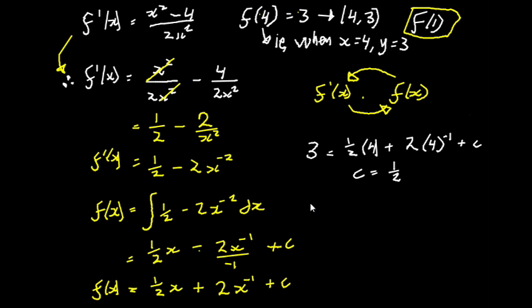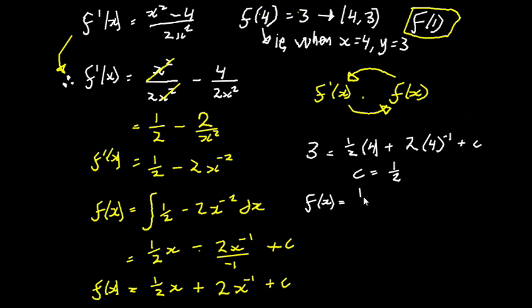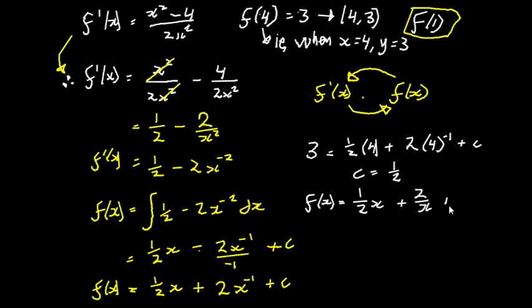So my second last step, f of x is now a half x plus, I can write that as 2 over x plus a half, and then my final step is finding out what happens at 1.